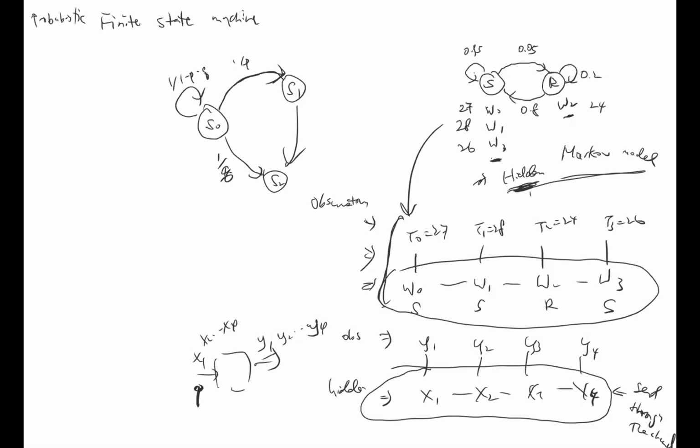So back to here, one thing I want to emphasize is that given this hidden Markov model, there's always some Markov chain going on. We have some Markov property with respect to these variables here. For example, I can claim that I have some Markov property for W0, W1, and W2 here.